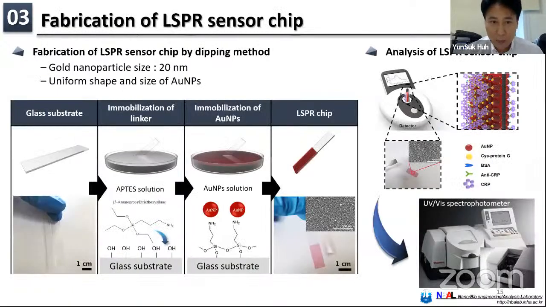This slide shows you how to fabricate the surface plasmonic active substrates. Compared with other already developed surface plasmon resonance devices, in my group we try transparent plasmonic active substrates.